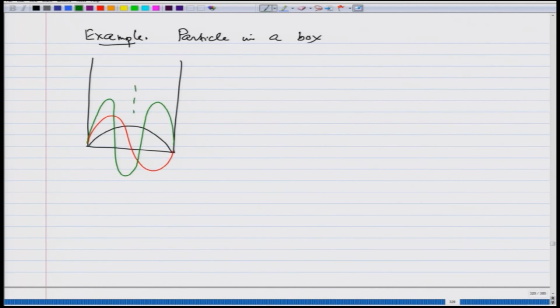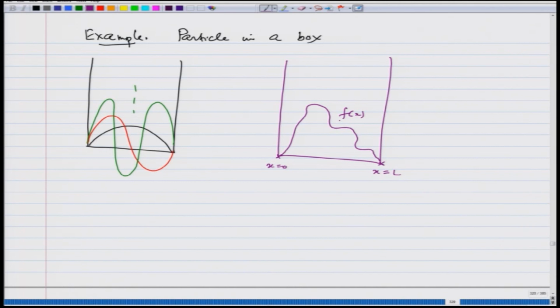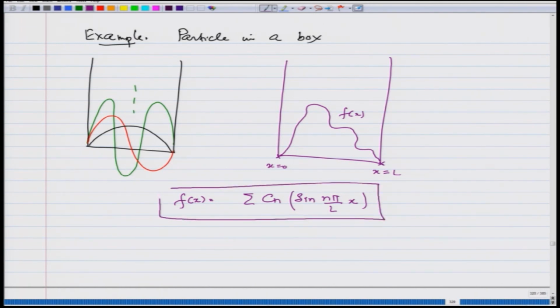And we assume that this forms a complete set, and therefore any arbitrary function f(x) which vanishes at the boundaries x equals 0 and x equals L can be written as f(x) equals summation C_n sin(n pi x over L), because they satisfy the boundary condition and these C_n's can be determined. So, this means that this forms a complete set.